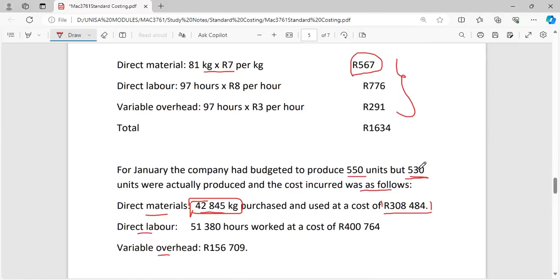Another way you can do it, let's see if it is going to give us the same amount. We have this is the actual. So you can say your actual, I want to see if it is going to work. It's going to be 308,484. Then your standard.